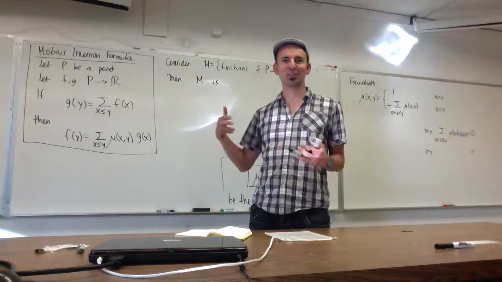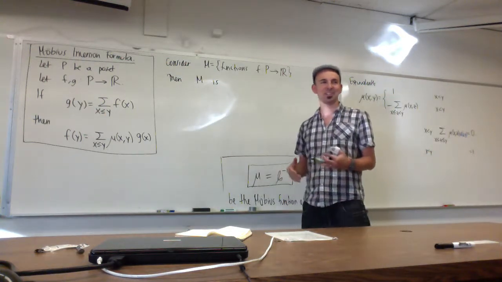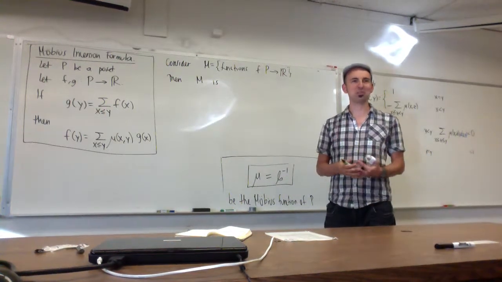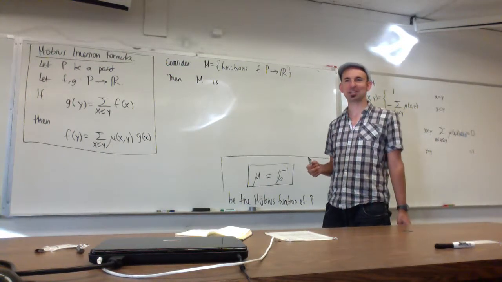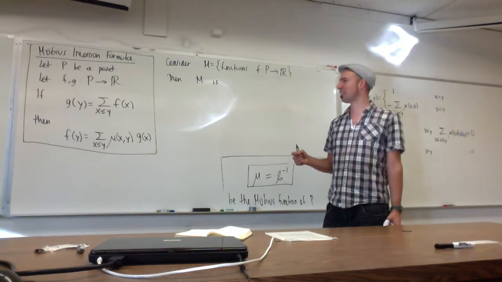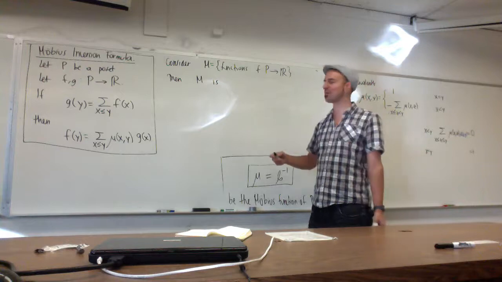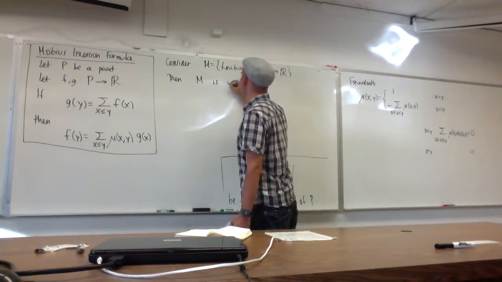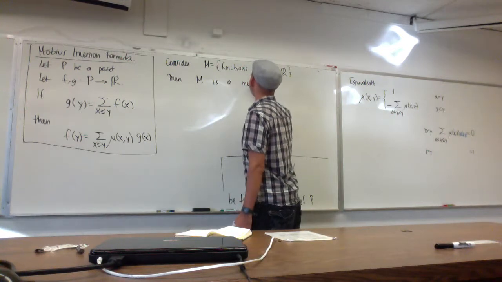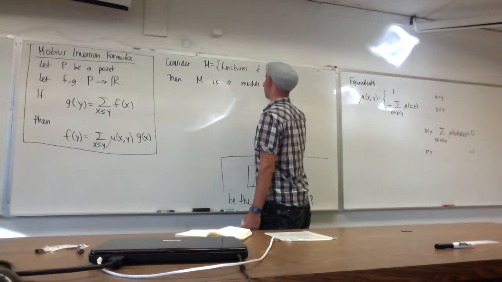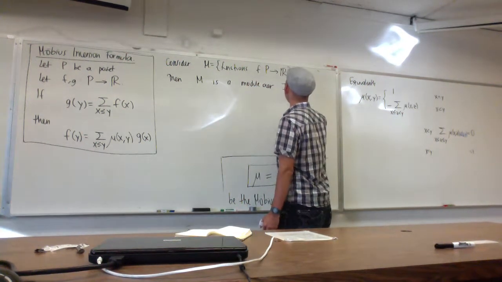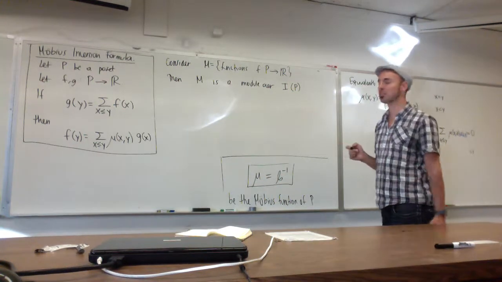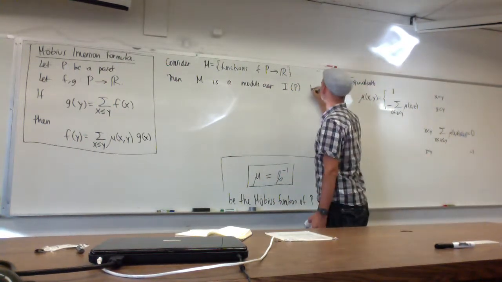And I wasn't planning to do this, but I actually want to do it now. So if you happen to know about rings and modules, then this is going to work. And if you've never seen them before, actually just the manipulation I think will sound reasonable to you. So M is a module over my ring, my incidence algebra.